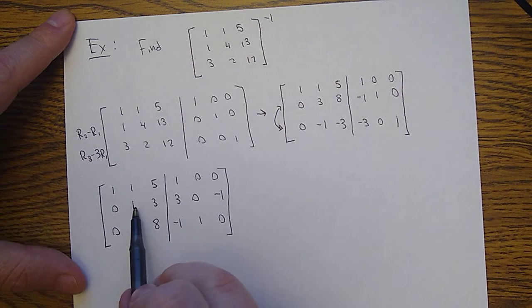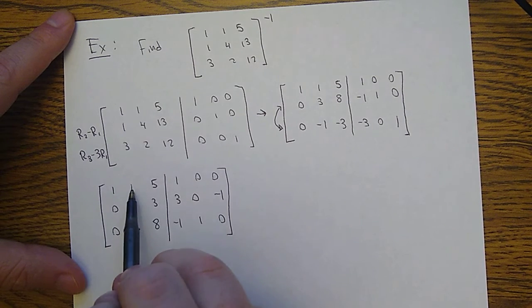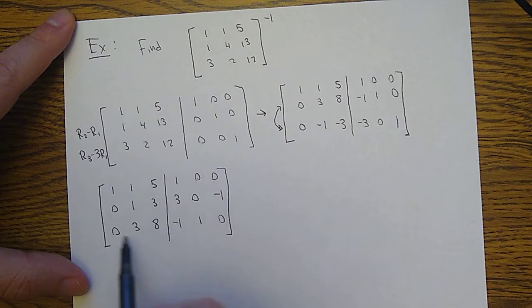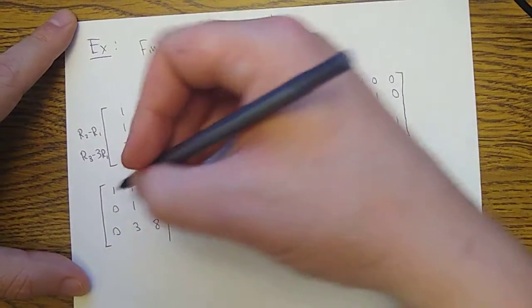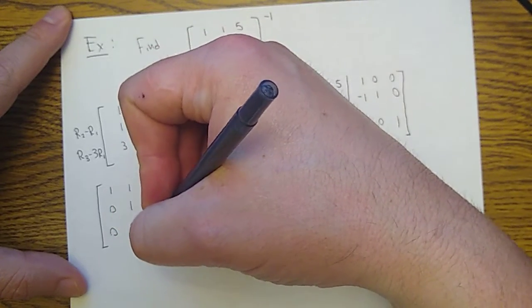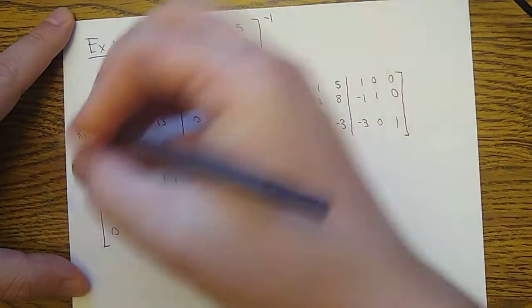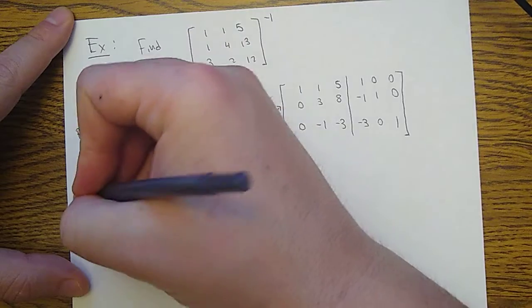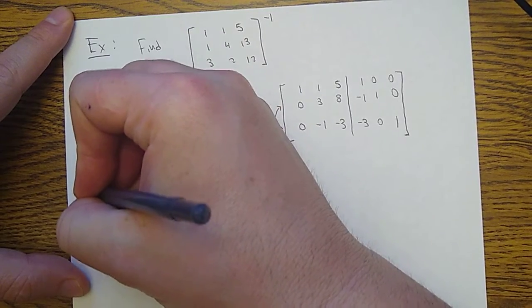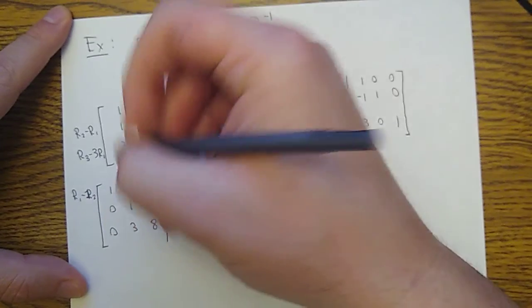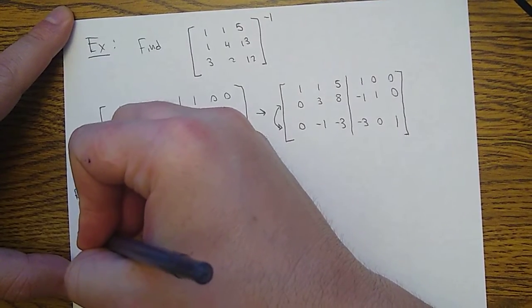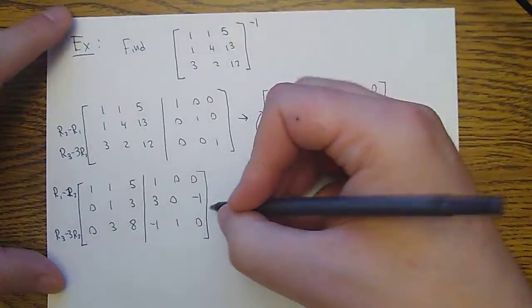Okay. Now that I got this one, I would like zeros above and below it, because remember, I want the left to look like the identity. So meaning I want ones down the diagonal and zeros everywhere else. So row 1 minus row 2 to kill that one. Row 3 minus 3 row 2 to kill that 3.